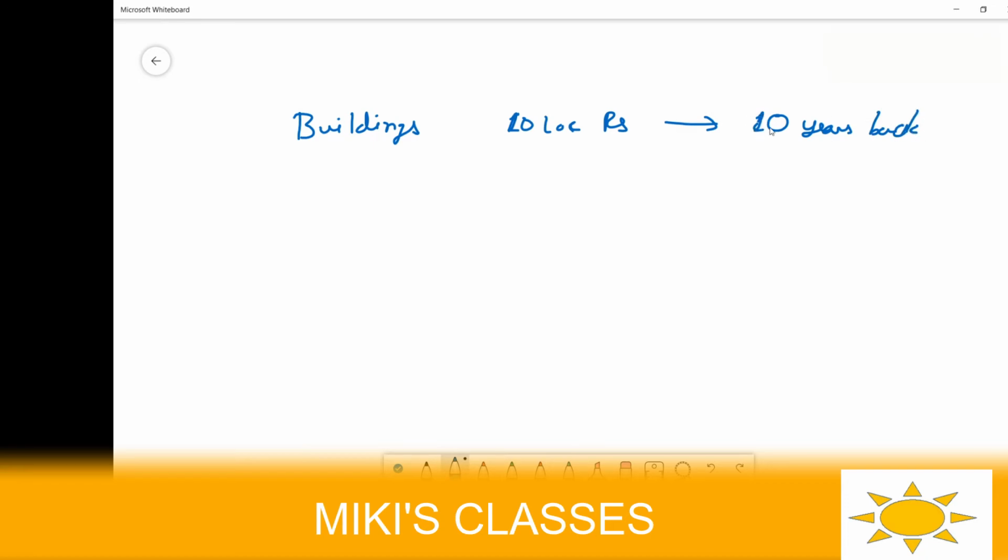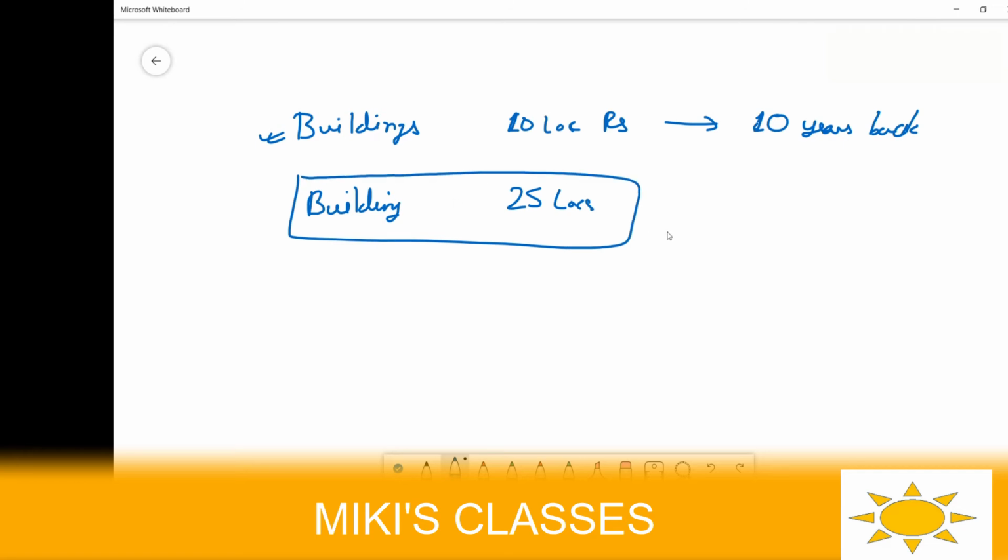Fine. 10 years back, you had bought this building. Now this building is still there for your business, but the value of this building might have gone up to 25 lakhs, which means what? If you want to sell this building today, you might be able to sell it for 25 lakhs, but you had bought it for 10 lakhs. Why this change? Because the value of money keeps on changing.